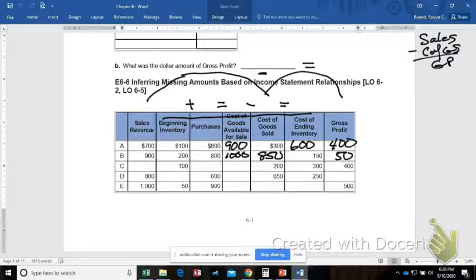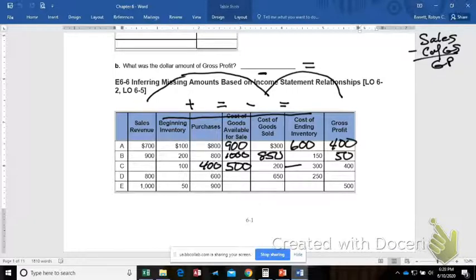All right. Now we have no purchases and no cost of goods available. So we're going to have to work backwards. So who came up with the cost of goods available for sale? 500. 500, right. We added these two together. 500. Then we can come up with a purchases, which was 400.